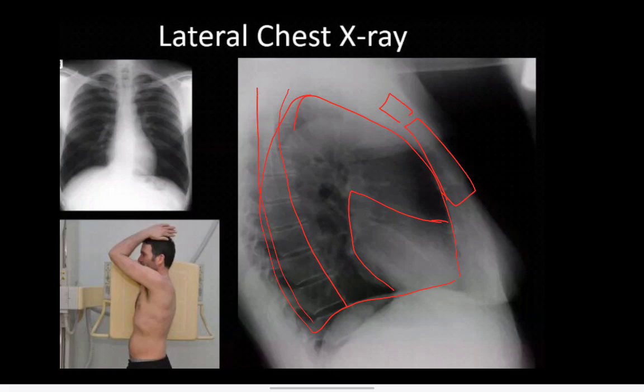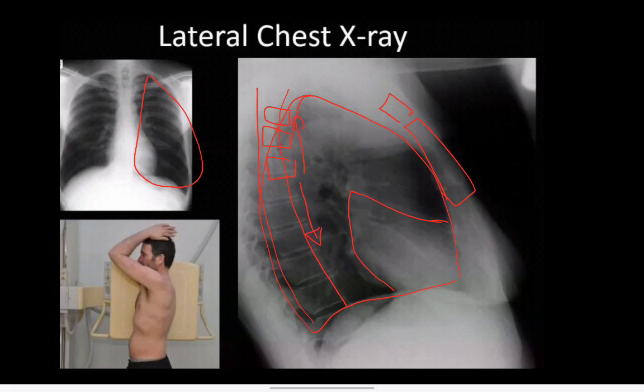A normal sign: because the lung is triangular in shape, small above and large or wide below, the vertebral column posteriorly is whiter above and darker below.